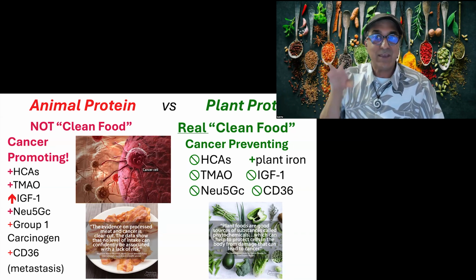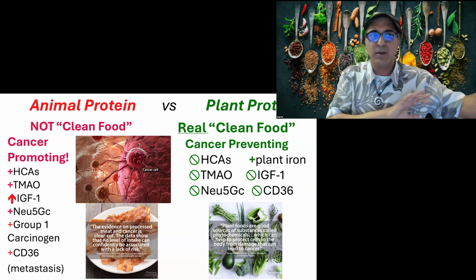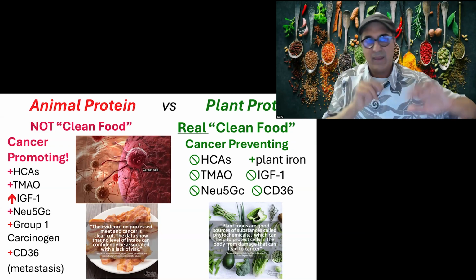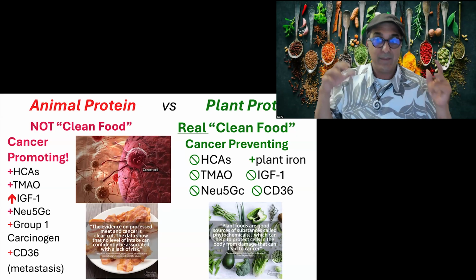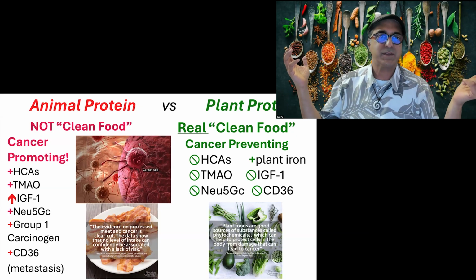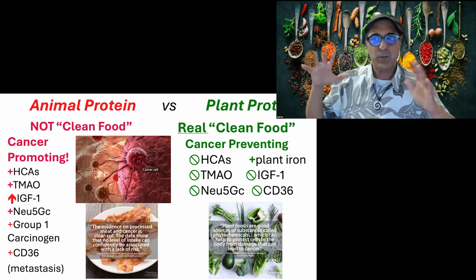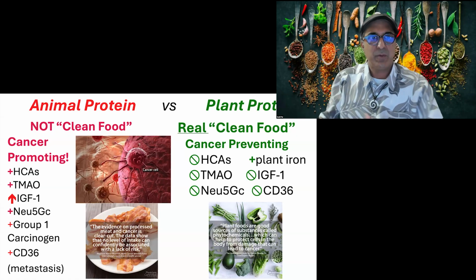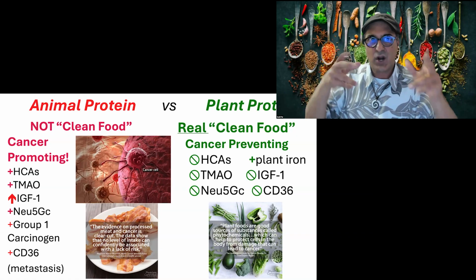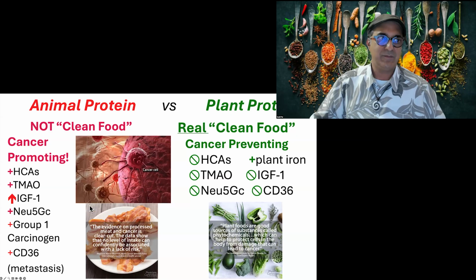So even a vegetarian who's like, well, hey, I don't eat beef and pork and lamb and all that stuff, I'm just having my dairy and my eggs, and they have cancer, that's just fueling potential cancer growth. And again, we're trying to starve cancer, feed the patient. But a lot of people are thinking that they're starving cancer, but they're actually feeding it.